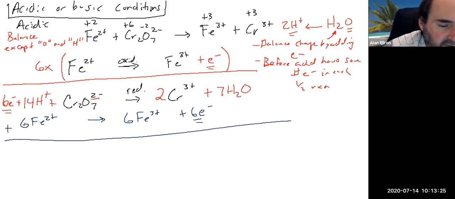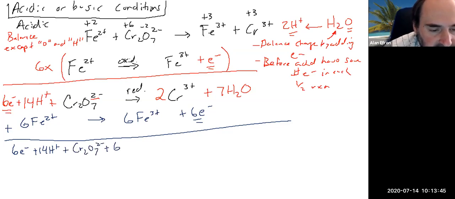When I add half reactions together, basically everybody on the left-hand side of the arrow stays on the left-hand side. Everybody on the right-hand side stays on the right-hand side. So that's going to give me 6 electrons plus 14 H+ plus Cr2O7 2- plus 6 of the Fe2+.